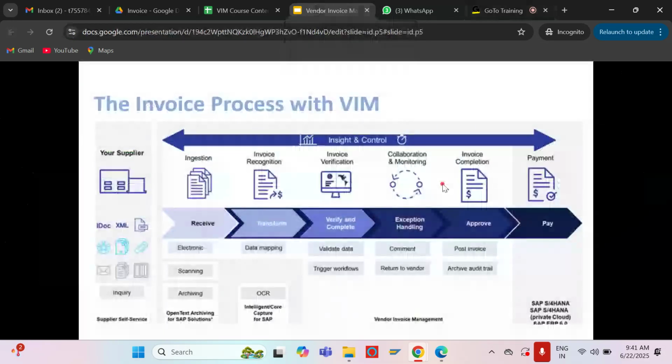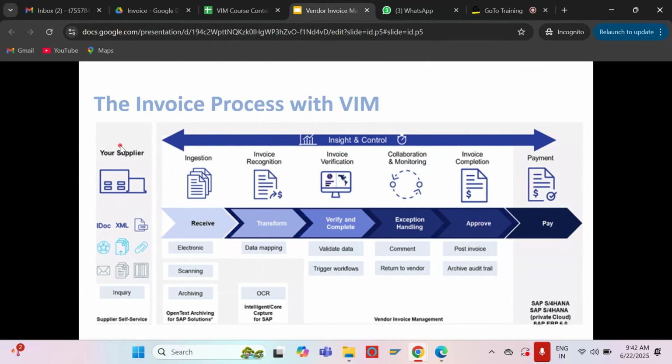Now let's talk about the process in Vim. What happens in Vim actually? On the screen, if you see here, we have the suppliers. The supplier is the key role here who will be sending the invoices, or from where the invoices will be received. They can send the invoices in any of the formats.